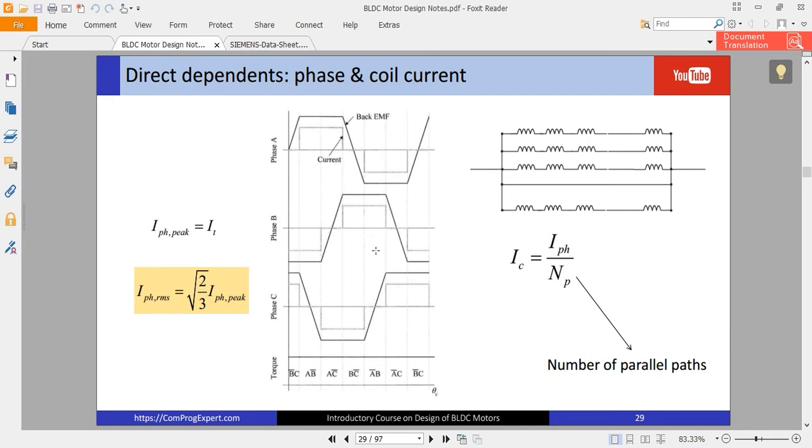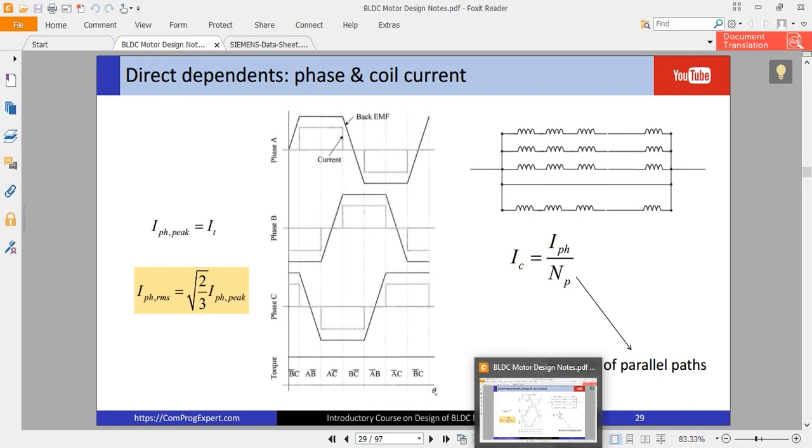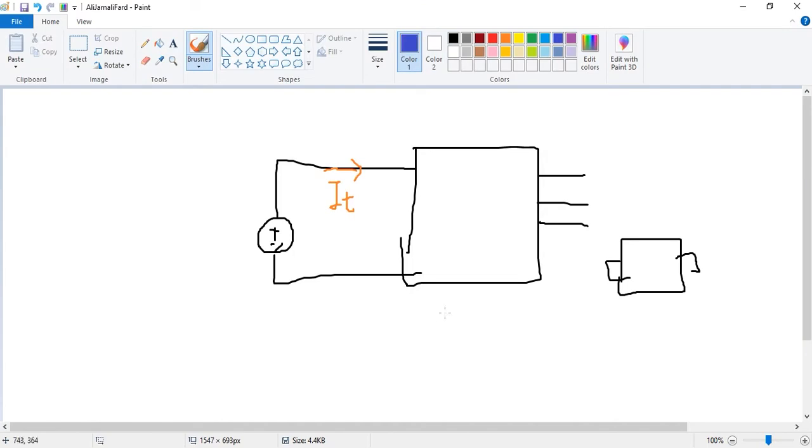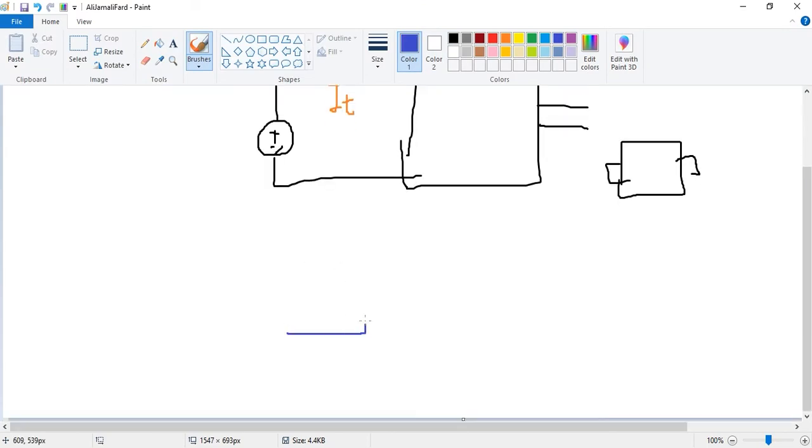But as you know, the real currents are not like this. This is the ideal phase current, but the real currents in a BLDC motor are like this. We have a rise time, we have commutation, again we have rise, and we have a falling time.